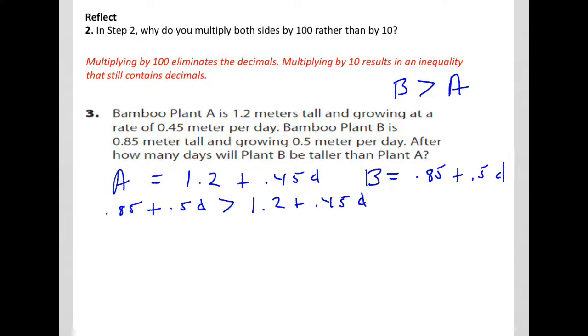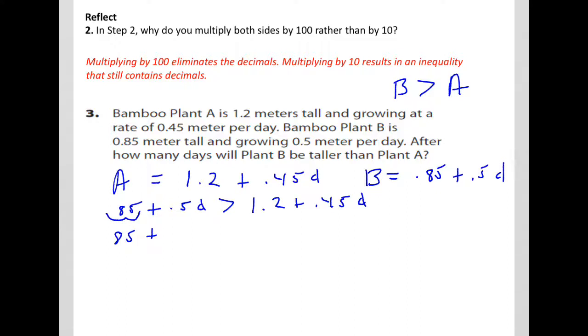So I'm going to multiply by 10 to the second power, actually, which means 100. So I'm looking at 100 times 0.85, and that means I'm going to move my decimal 2 places. That's going to give me 85 plus, and then 100 times 0.5, so I'll move my decimal 2 places.